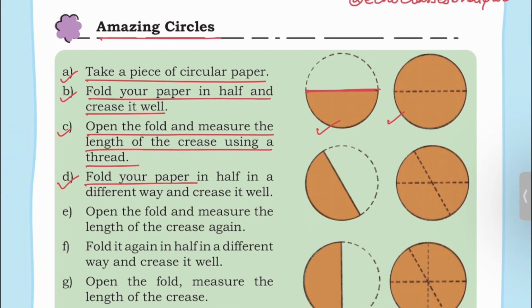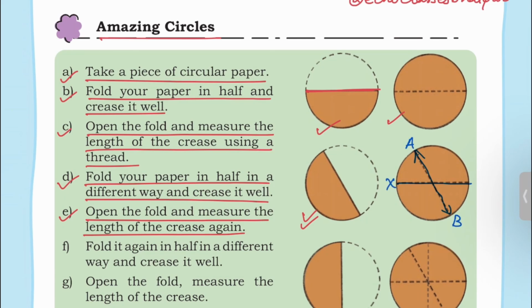D. Fold your paper in half in a different way and crease it well like this. E. Open the fold and measure the length of the crease again. For example, you have to measure AB and XY.